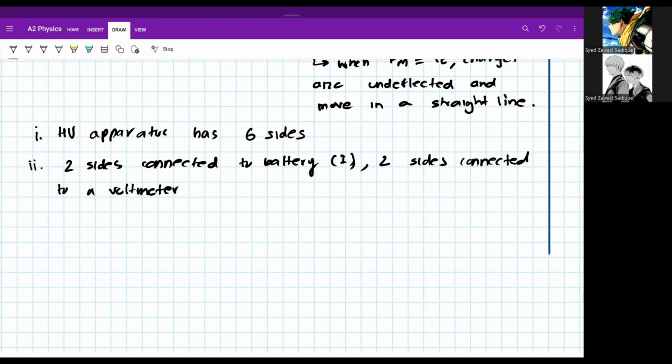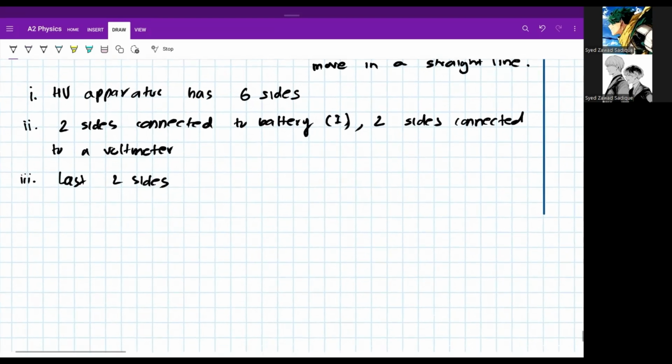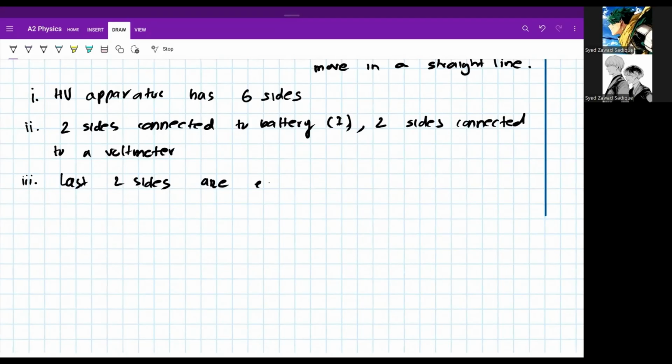Then the last 2 sides are exposed to a magnetic field.